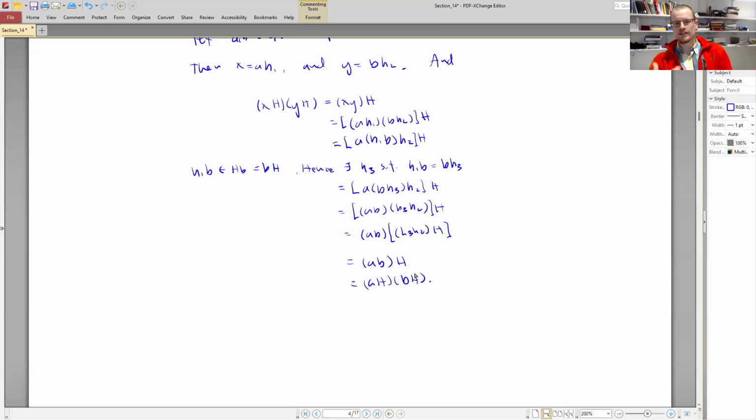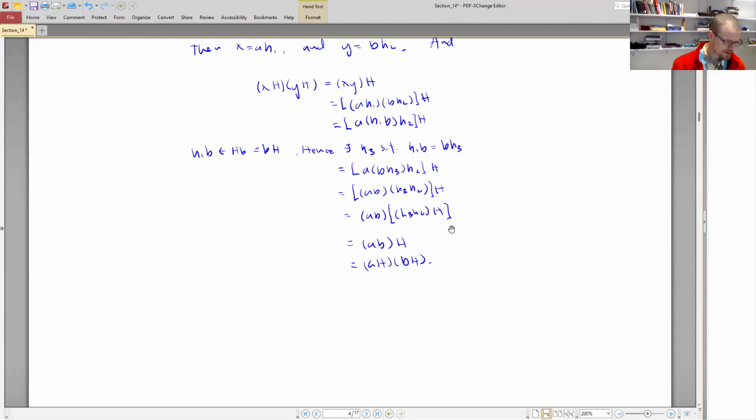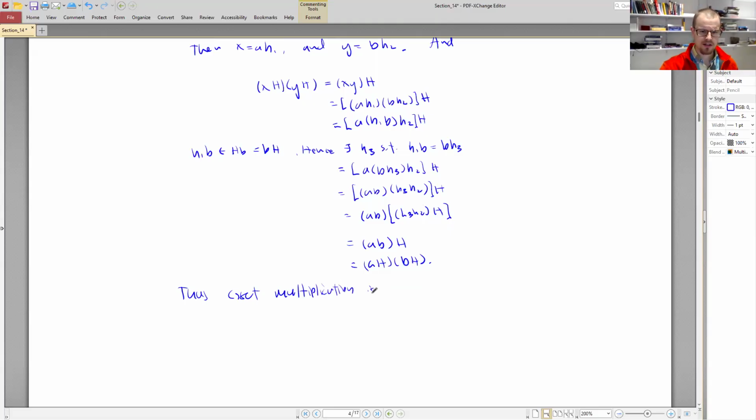Right through a collection of definitions of how our left coset multiplication is defined, as well as observing what it looks like to have elements inside of a set, or coset rather. So this looks good. Thus, coset multiplication is indeed well defined.